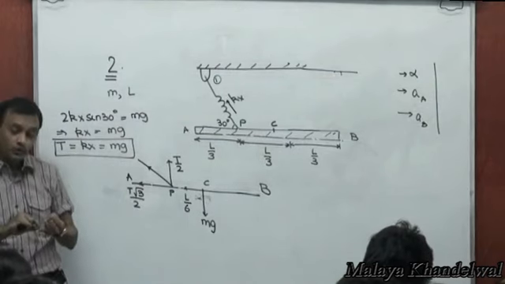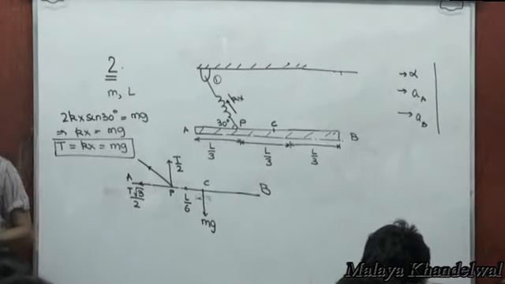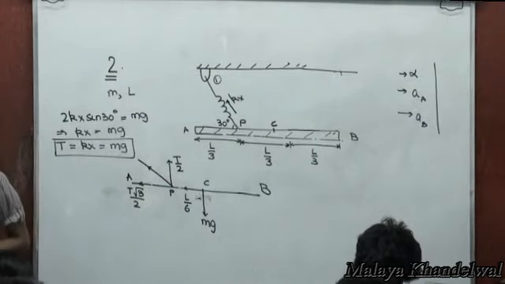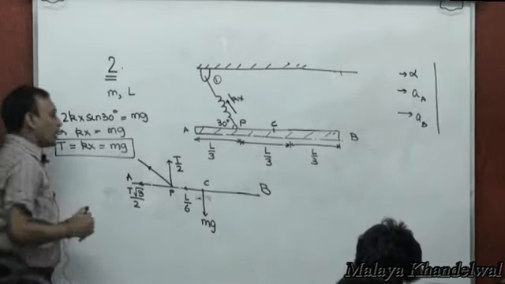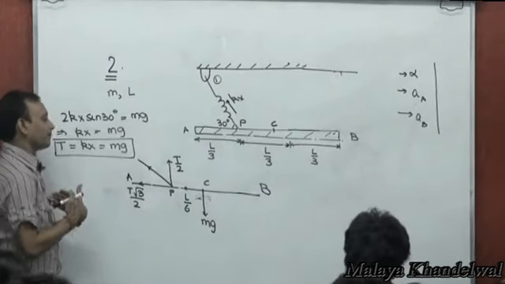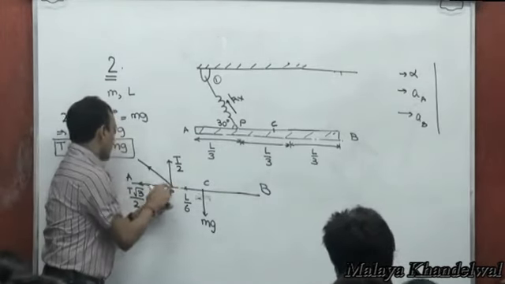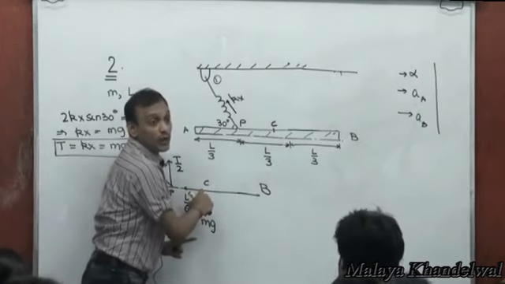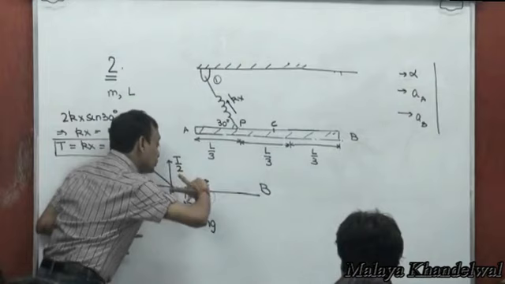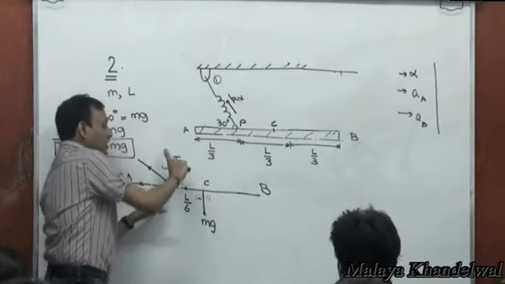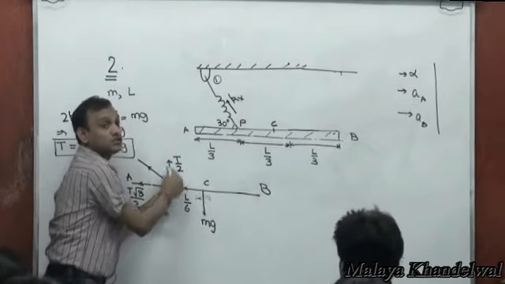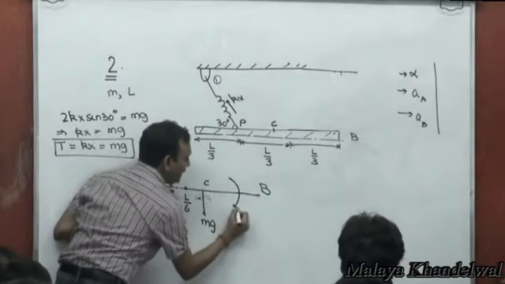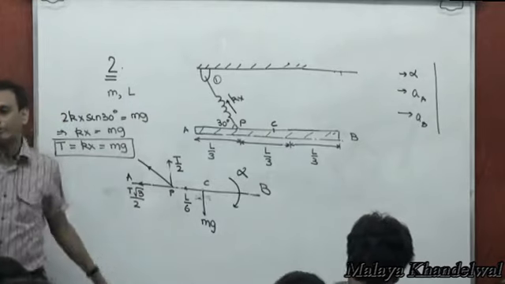Which means now you want to apply tau equal to I alpha about the center of mass. So in order to compute alpha, realize that T root 3 by 2 passes through C and produces no torque about it, whereas T by 2 produces a clockwise torque, T by 2 into L by 6, in the clockwise sense, producing an alpha.